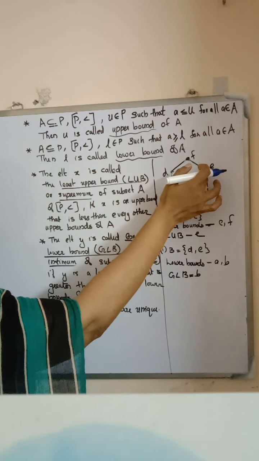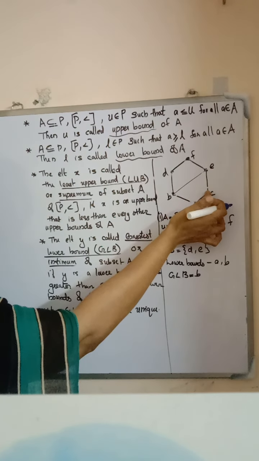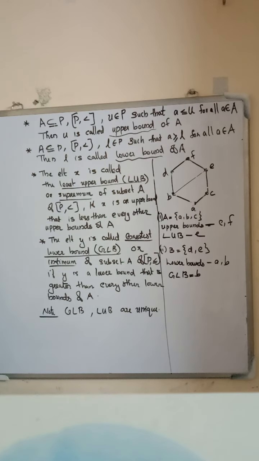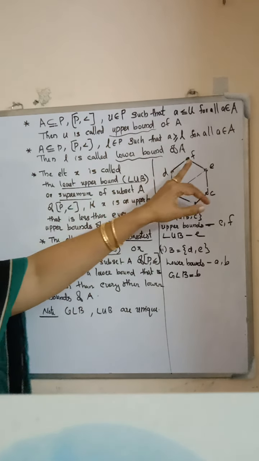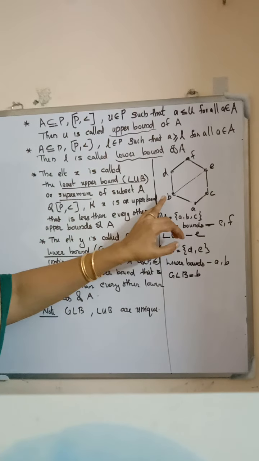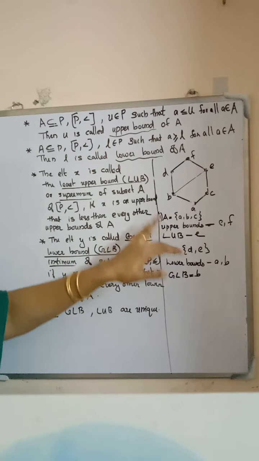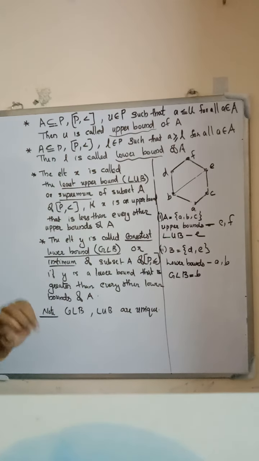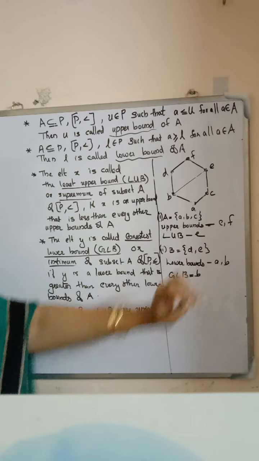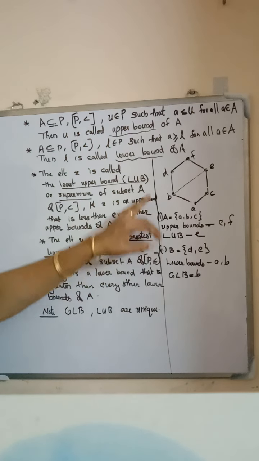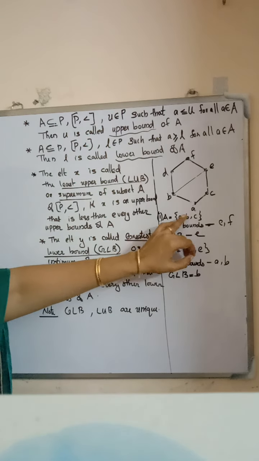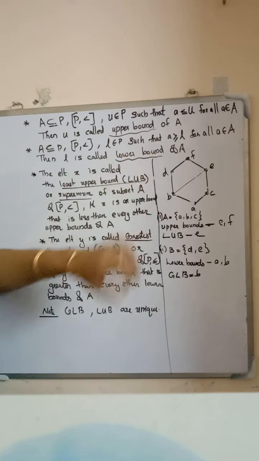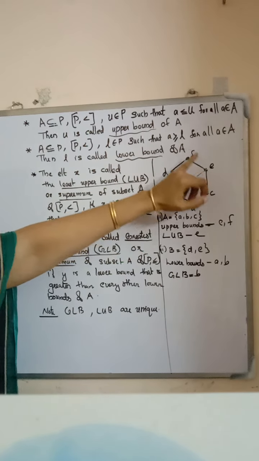Also, C is related to E and E is related to F. Therefore, C is also a predecessor of F. So F is a successor of A, B, C, or A, B, C are less than or equal to F. Therefore, F is also in the upper bound. Therefore, for the subset A equal to the set {A, B, C} in this poset, the upper bounds are E and F.